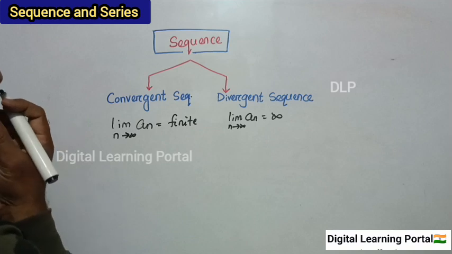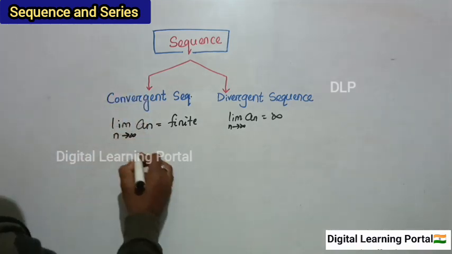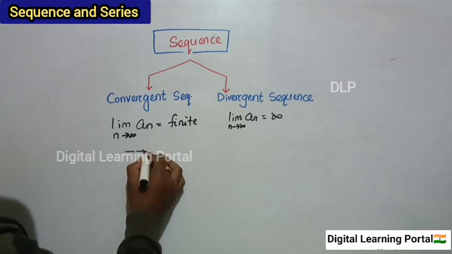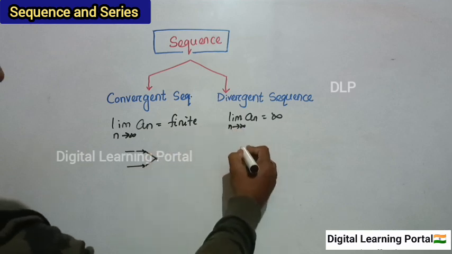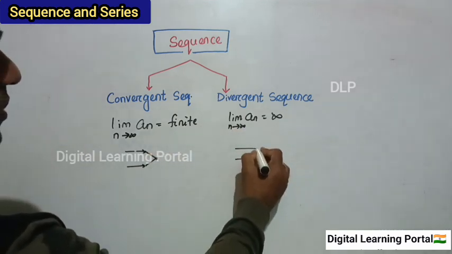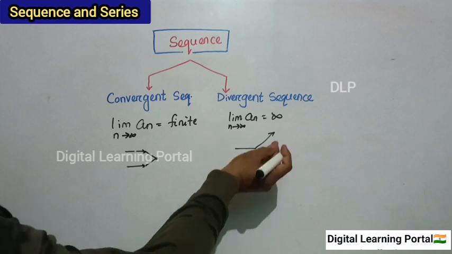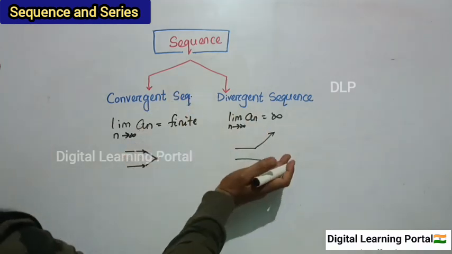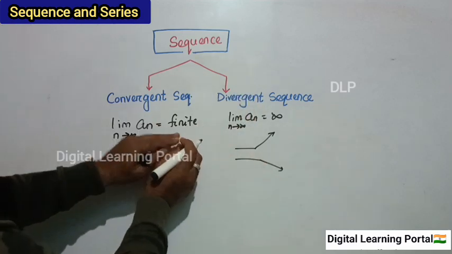We can take the idea from physics also. Convergent means converging into one point, and divergent means spreading away. We can take this idea into our mathematics: it is diverged to infinity, or it is converged to some particular value.